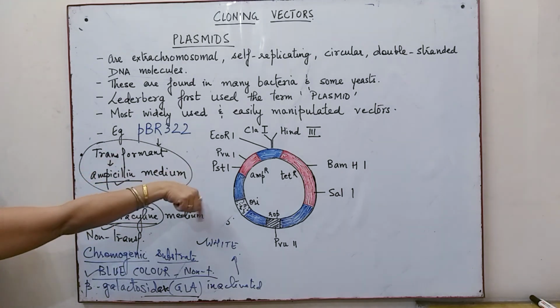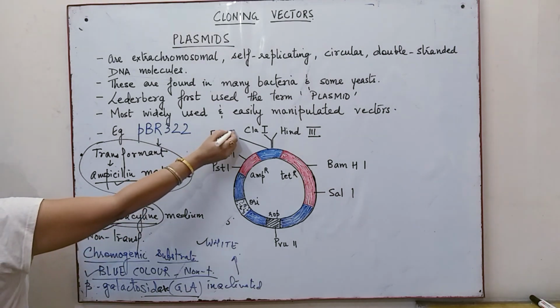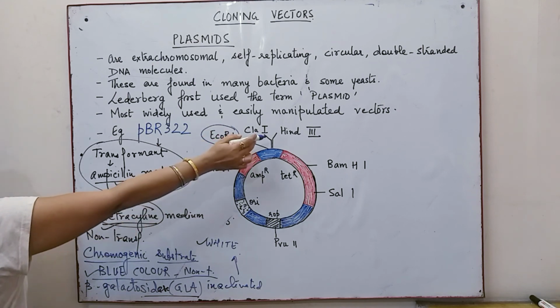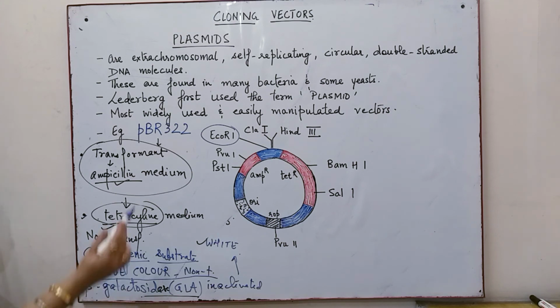Now coming to pBR322, that is an important vector. It has, as I told you, restriction sites over there. That is EcoRI is there. You can see this is one of the restriction sites. Then we have HindIII over there, that is another restriction site.